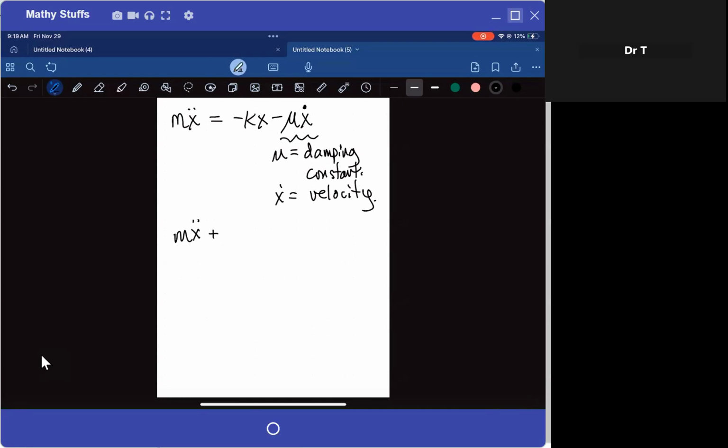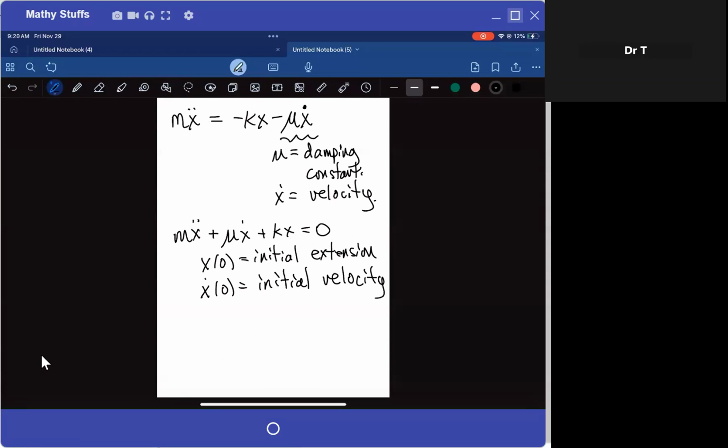I'm going to get everything to one side. Again, we have initial position, initial extension, and x dot at 0 equals initial velocity. And we're going to stop here in terms of developing this system.